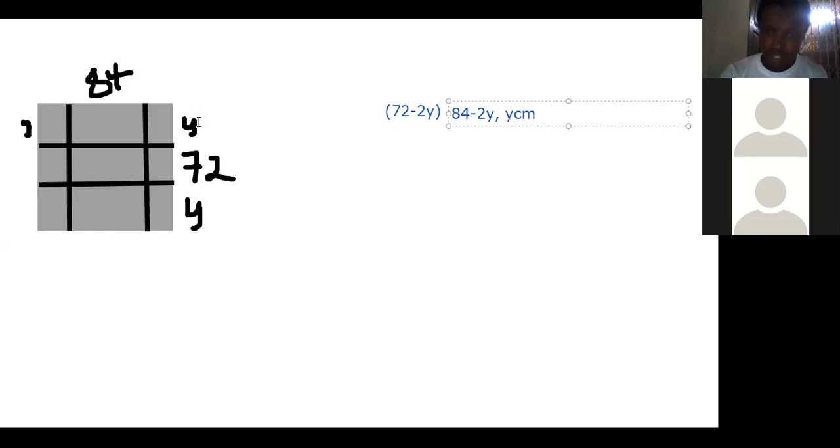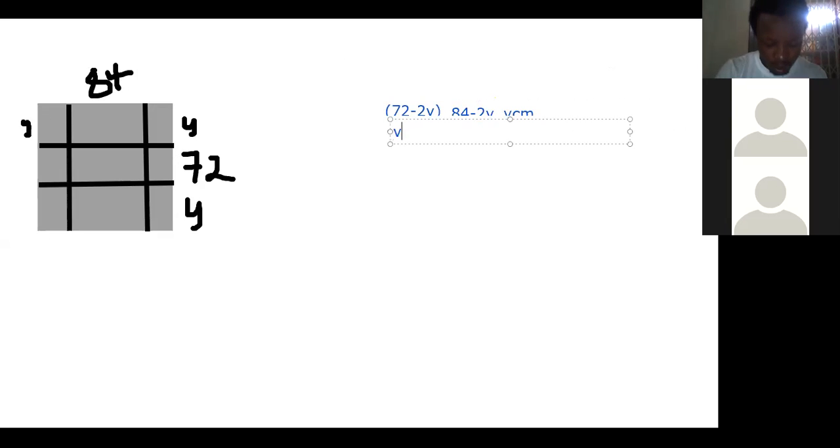So this one is 72 minus 2y, this one is 84 minus 2y, and y cm is this one. These will be our 3 dimensions. After looking at our 3 dimensions, you can find the volume.